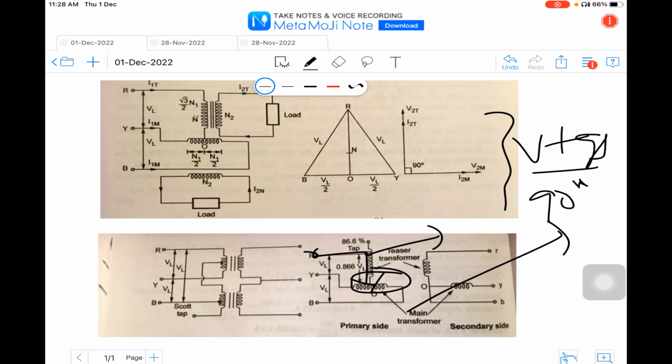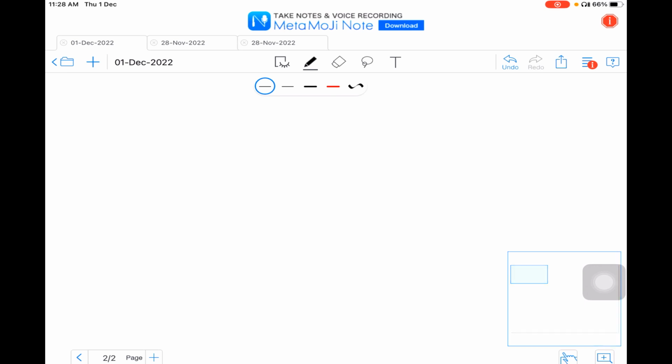Now the Scott connection of two single-phase transformers, as we can see in the circuit, will enable us to convert three-phase supply to two-phase supply. Now I will draw a small phasor diagram here.